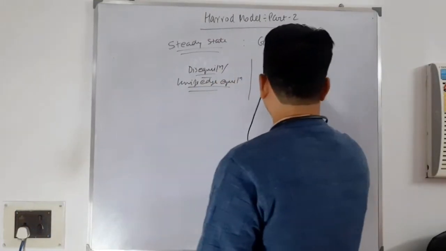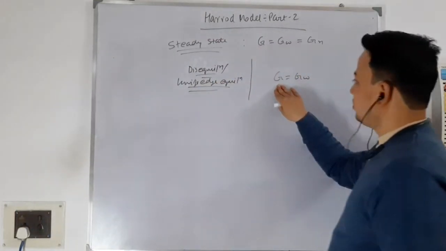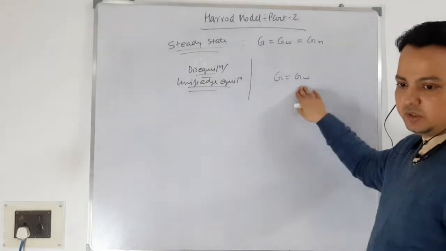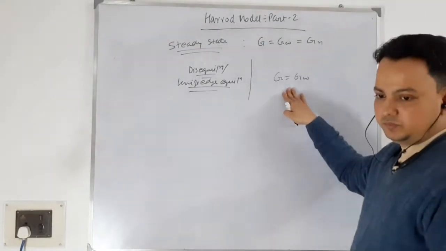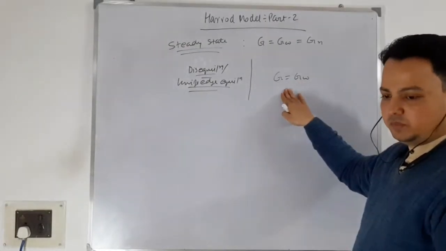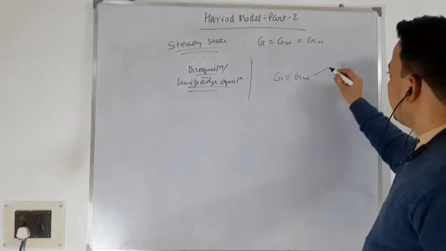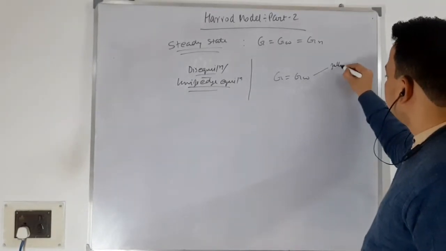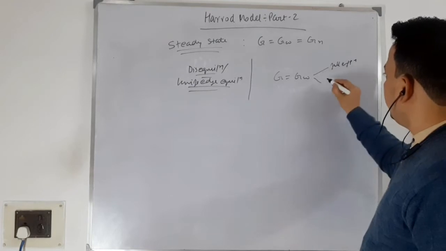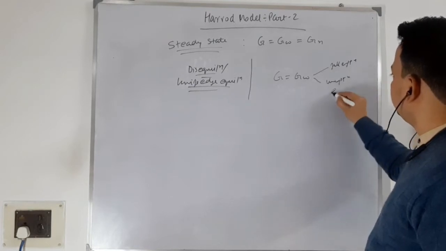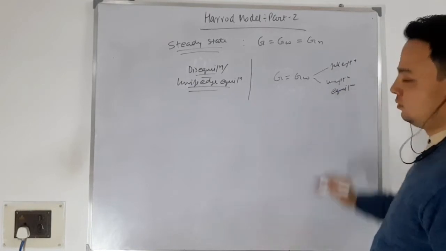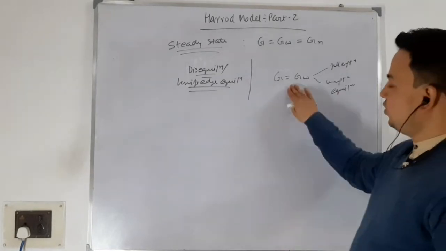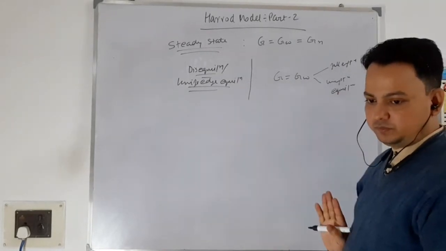If G equals GW, that is, the actual growth rate equals the warranted growth rate, it is called knife edge equilibrium. This is a stable equilibrium, and I can have it with full employment or with unemployment equilibrium.